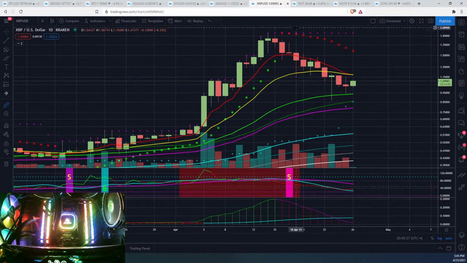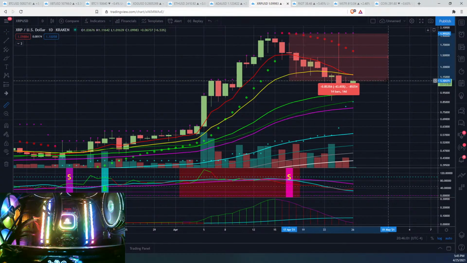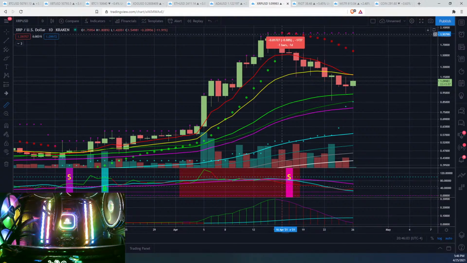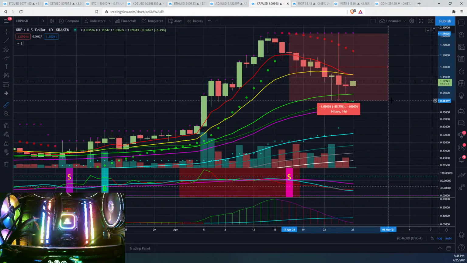Let's do that same little comparison from the top of XRP, which is not even an all-time high. So it waited 4 years to get back up to $2 from its previous all-time high and could not even get to a new all-time high. And now from the top to the bottom, it went down 55.9%, so 56%.